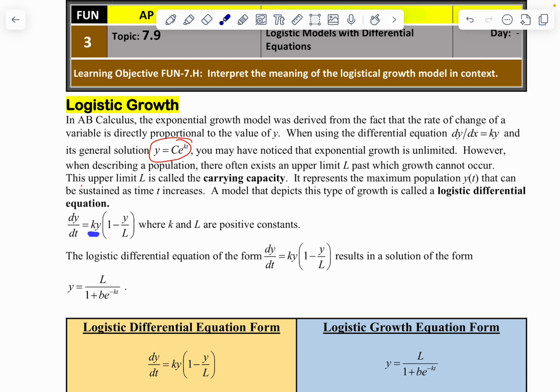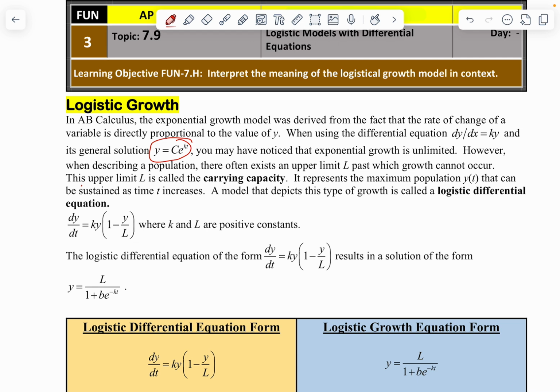So this looks familiar, but we have this little added part. And this added part is 1 minus y over L. Okay? Where k and L are positive constants.